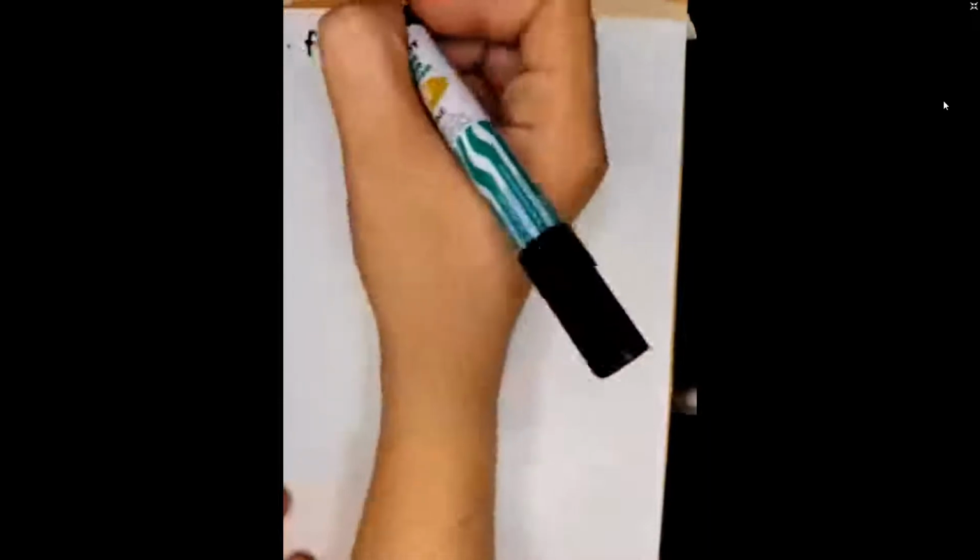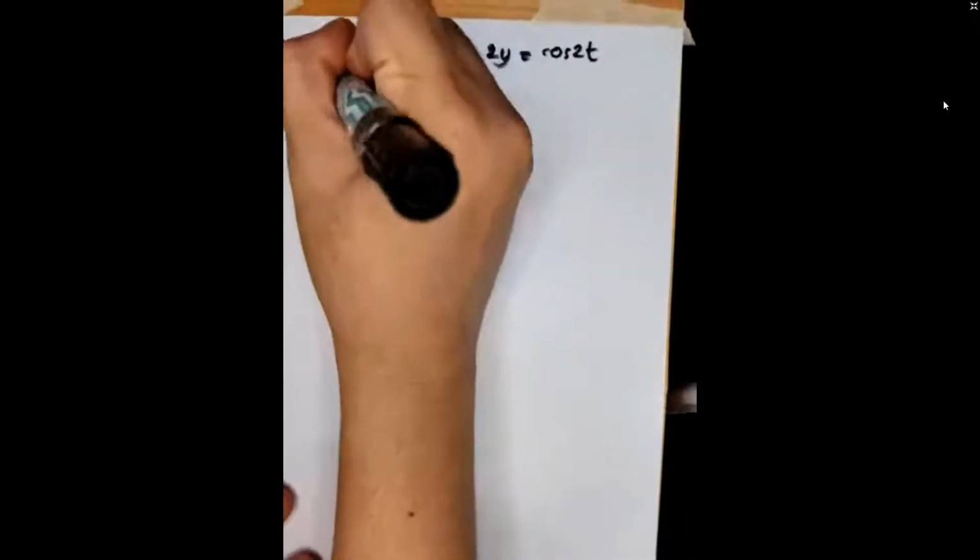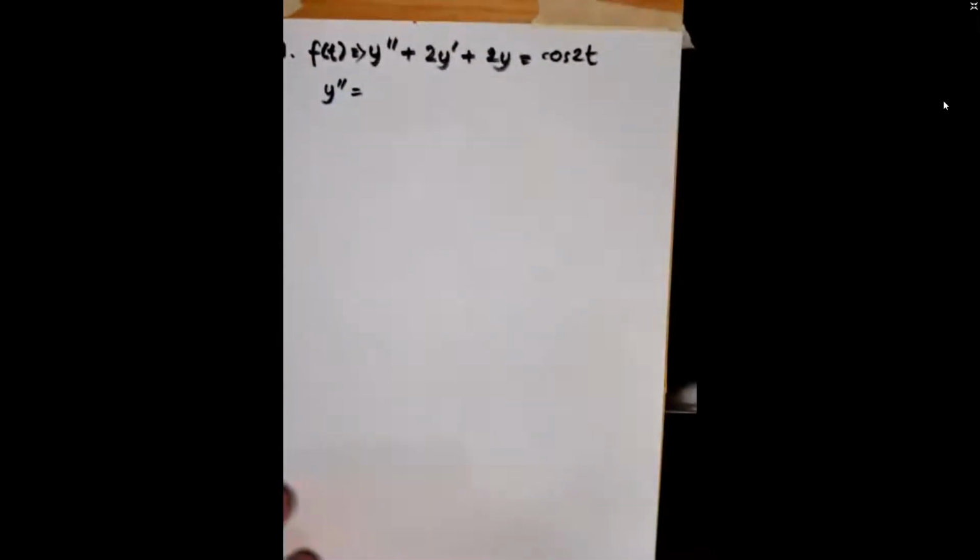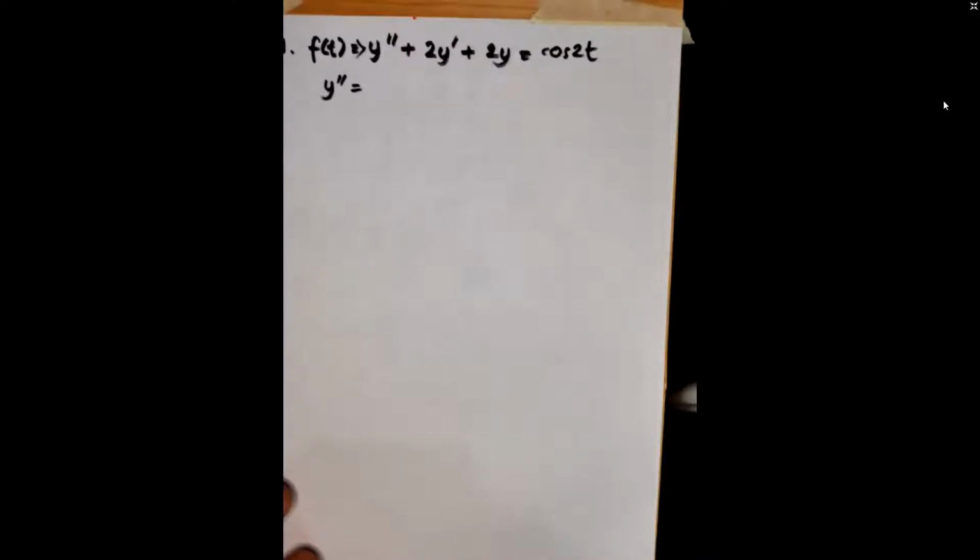Okay, una. Ano yung transformation ng y double prime? So, y double prime. So, if we will go back to the lecture, it's a derivative. Ayan. Diba?